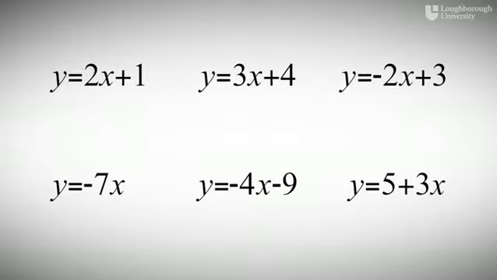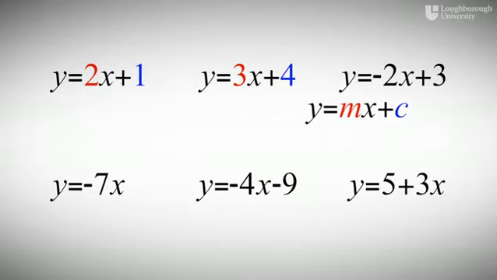Comparing each of these in turn with the general form y equals mx plus c, we observe that in y equals 2x plus 1, the value of m is 2 and the value of c is 1. In the equation y equals 3x plus 4, the value of m is 3 and the value of c is 4.